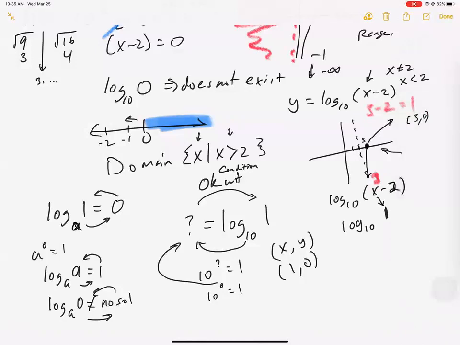The answer is 0. Does that make sense? The reason why I plugged in 3 was because the goal is to get 1, because I know what log of 1 is. I don't know anything else. If I plugged in 2, 10 to what power is 2? I don't know. That's some decimal.